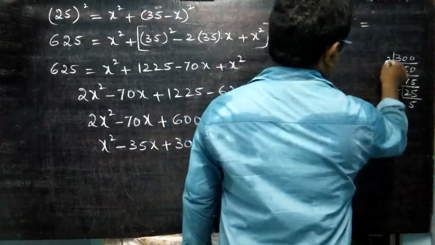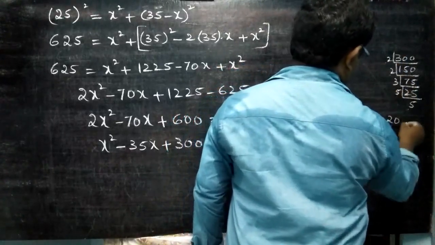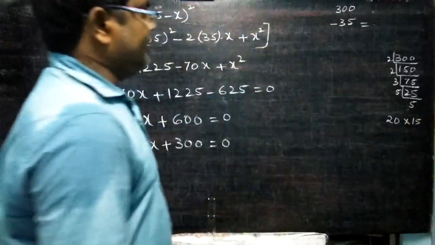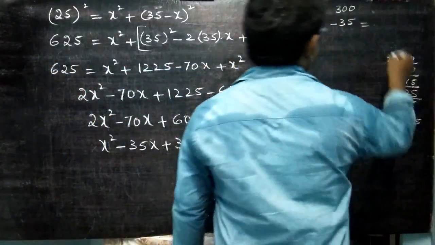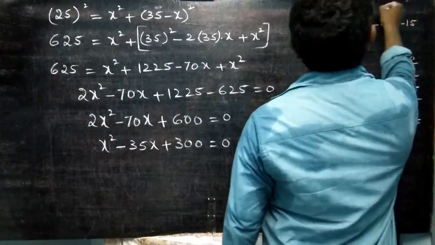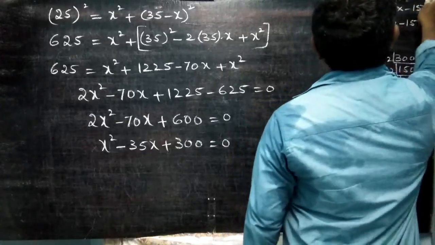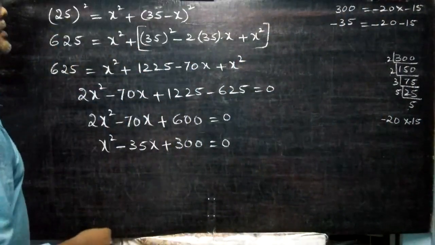Now 2 2s are 4, 4 5s are 20, 3 5s are 15, so 20 and 15. Finding factors is one thing, applying signs, both minus. Minus 20 minus 15 is minus 35. Minus 20 into minus 15 is minus into minus plus, 20 into 15, 300. Those are the factors.